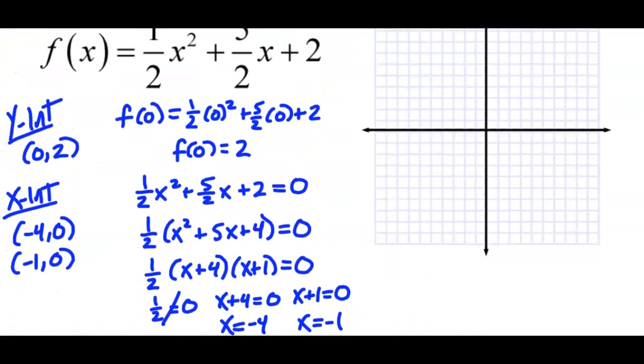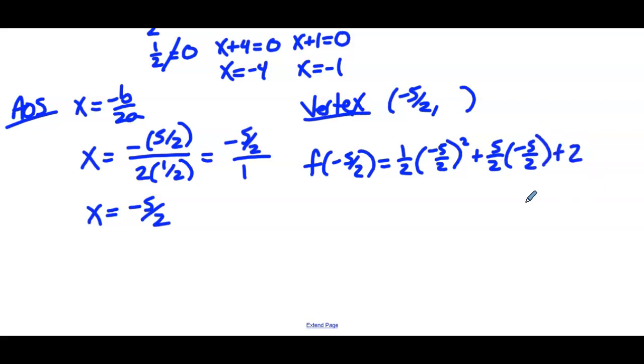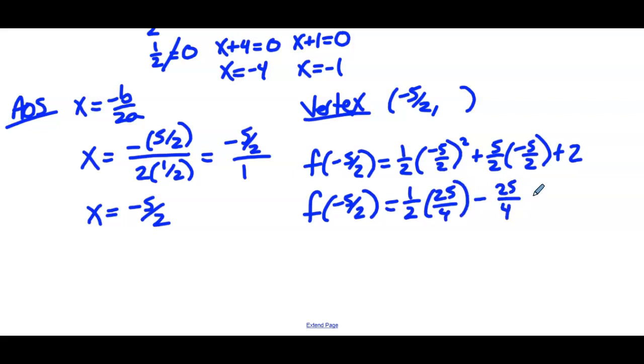Okay, so we've got to plug negative 5 over 2 in. So we have f of negative 5 over 2. That's 1/2 times negative 5 over 2 squared plus 5 over 2 times negative 5 over 2 plus 2. So f of negative 5 over 2 equals 1/2 times 25 over 4 minus 25 over 4 plus 2, which is 25 over 8 minus 25 over 4 plus 2.